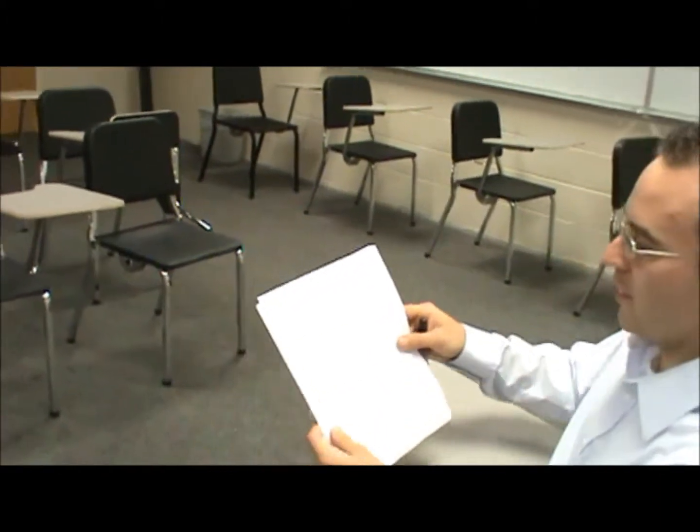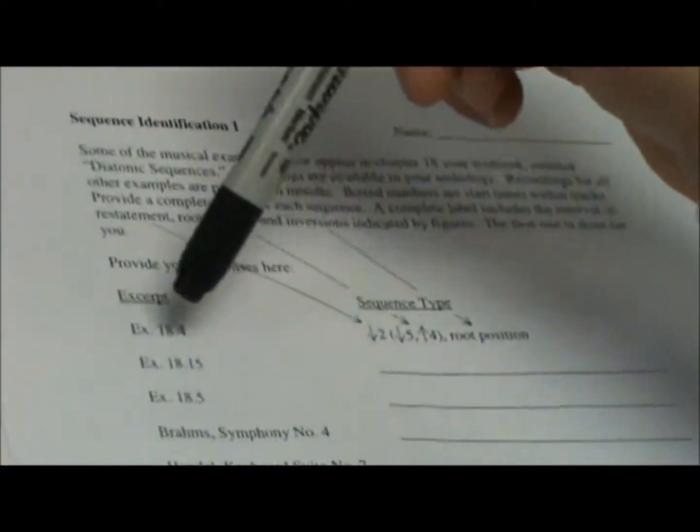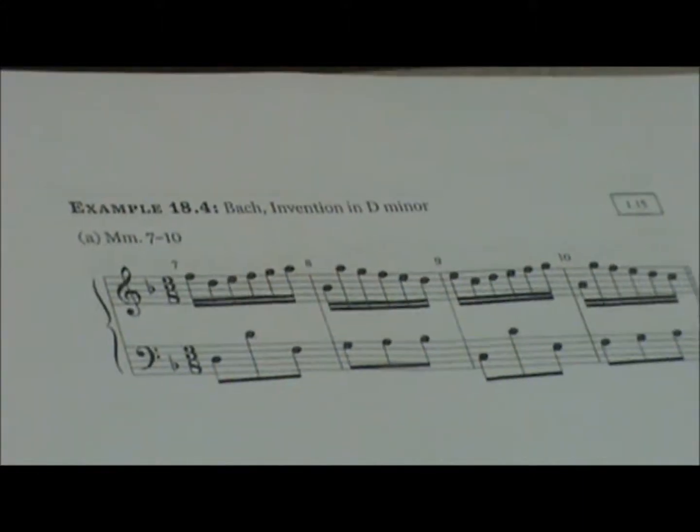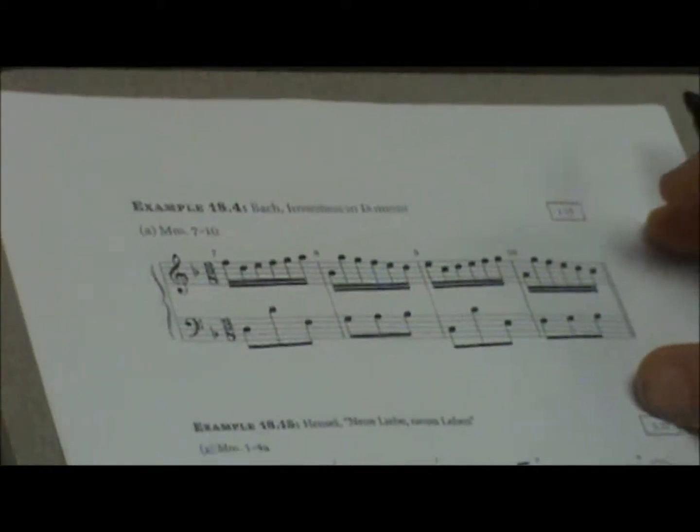So make sure that you've had some experience with this and then check yourself against what I'm about to say here. So this is sequence identification, and there are a number of excerpts there. You're going to be putting the sequence type next to whatever excerpt we're referring to. The first one's done for you, but I'll go through it just to make sure that we understand this one.